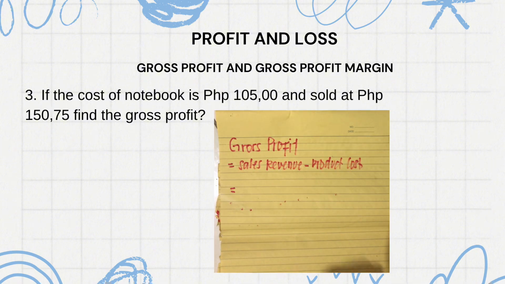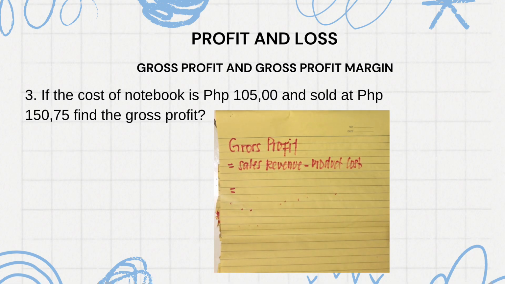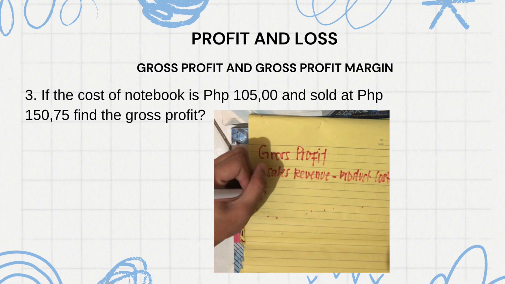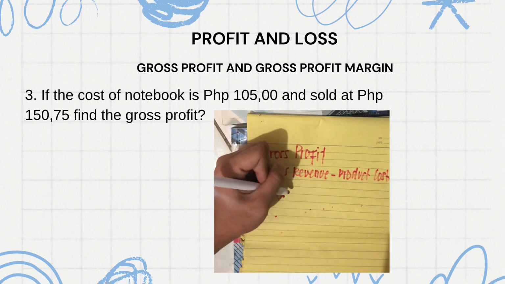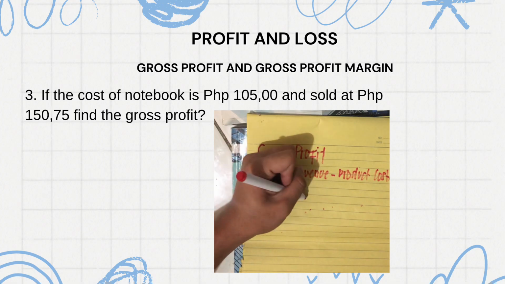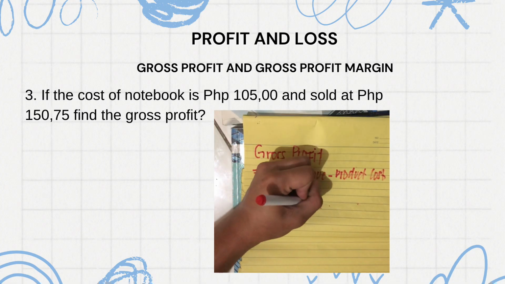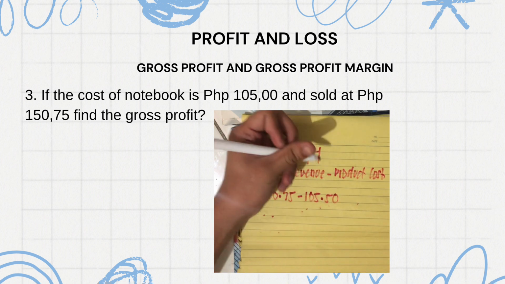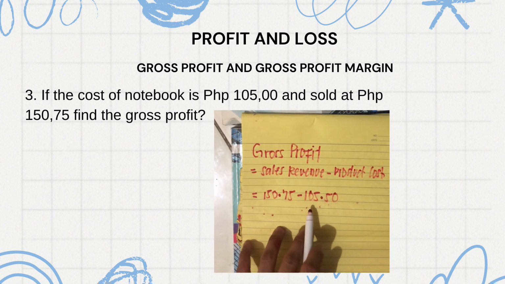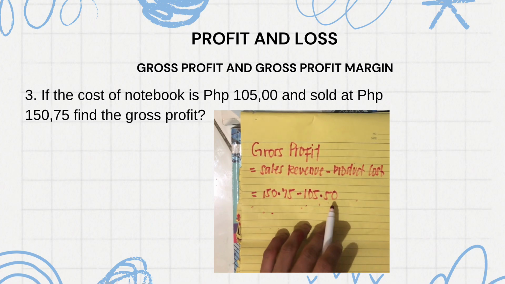So, sales revenue minus product cost. Sales revenue is 150.75 minus 105.50. This 105.50 is the product cost.